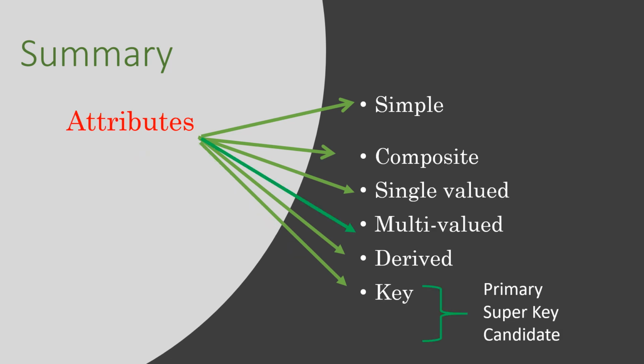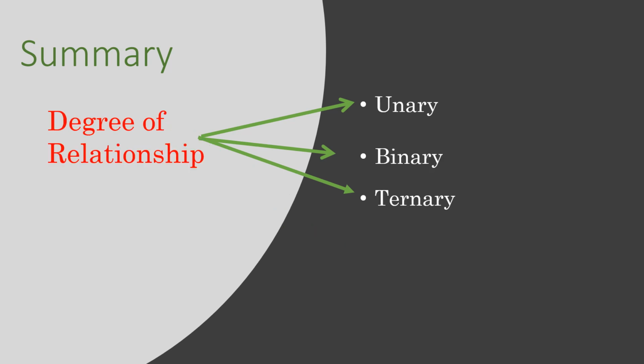For attributes, we have the simple attributes, the composite, the single-valued, the multi-valued, the derived, and the key attributes, wherein it is subdivided into the primary key, the super key, and the candidate key. We also have the degree of relationships, which consists of the unary relationship, the binary relationships, and the ternary relationships.